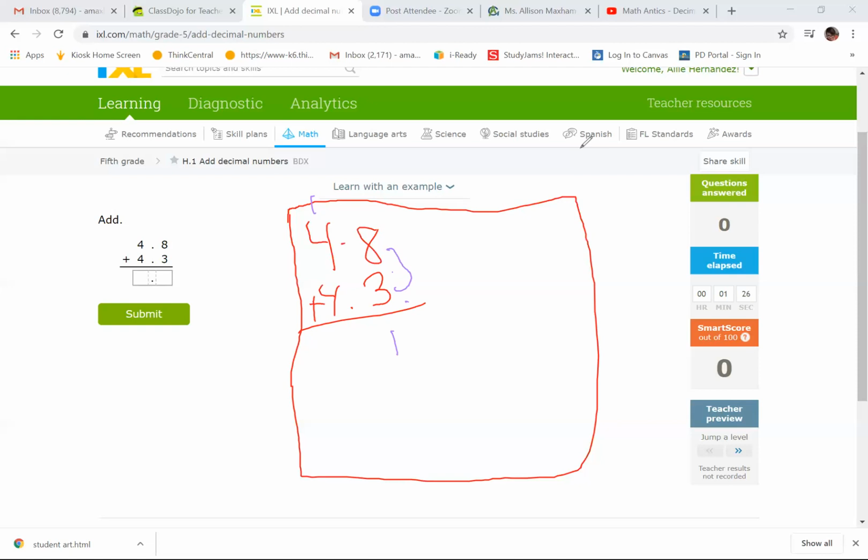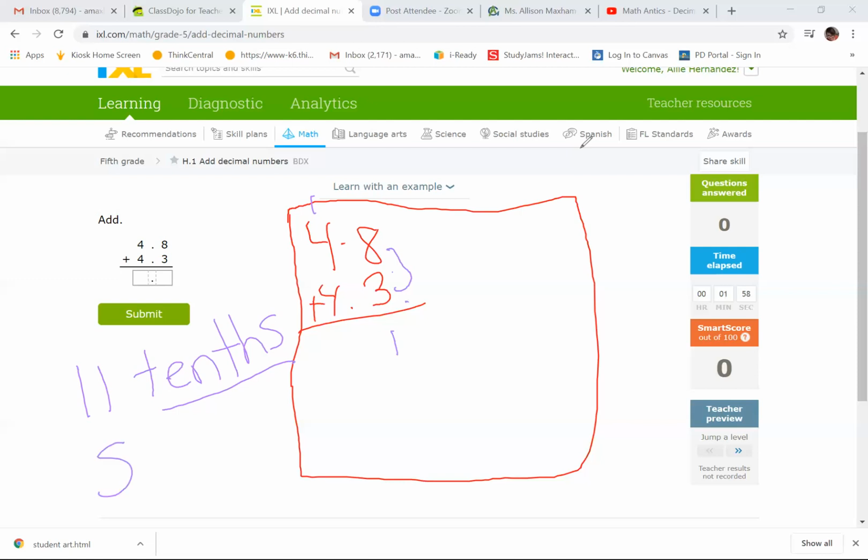And the reason I'm doing that is because we have 11, but it's not really just 11, it's 11 tenths. And if you remember, we talked about tenths earlier in the year as a tenth of a dollar, which is 10 cents, a dime. If I have 11 dimes, I have 10, 20, 30, 40, 50 cents, 60, 70, 80, 90, 100 cents, which is a dollar, plus 10 cents more.